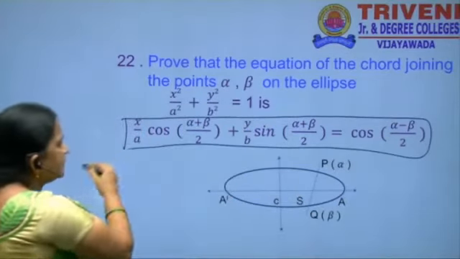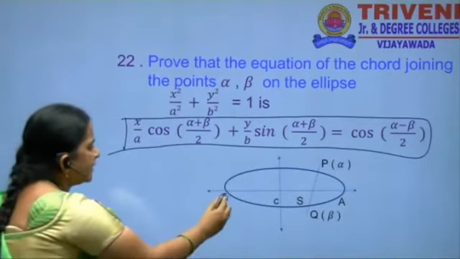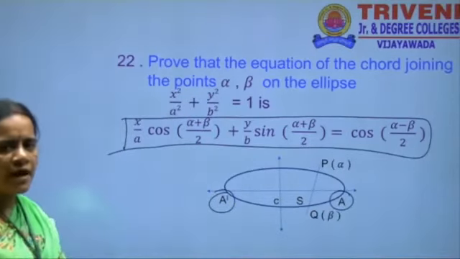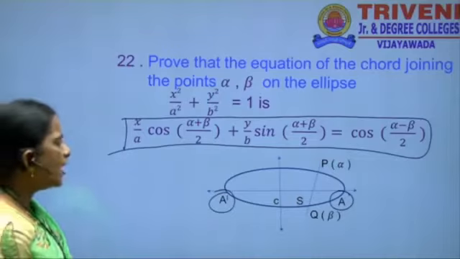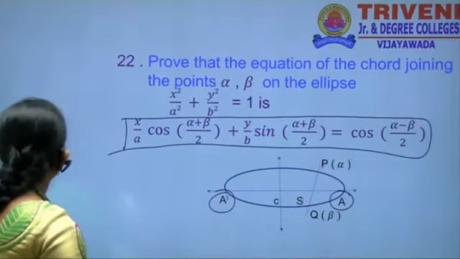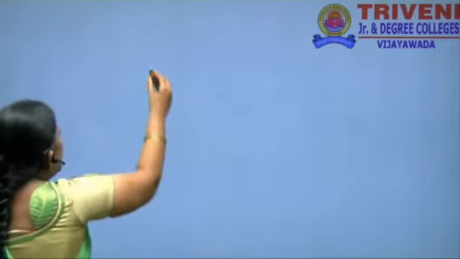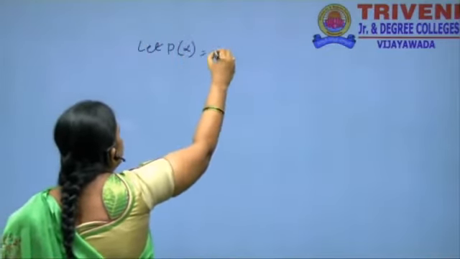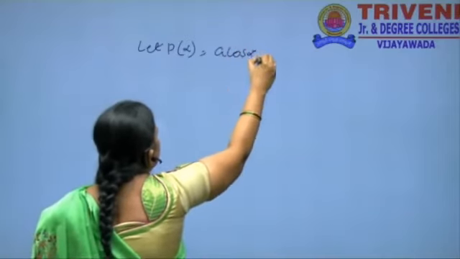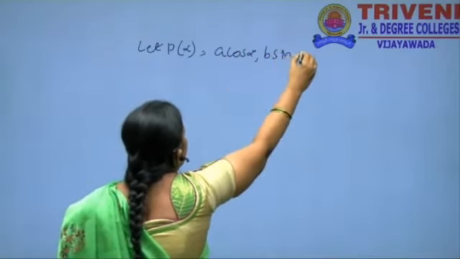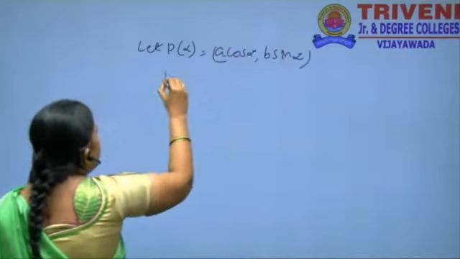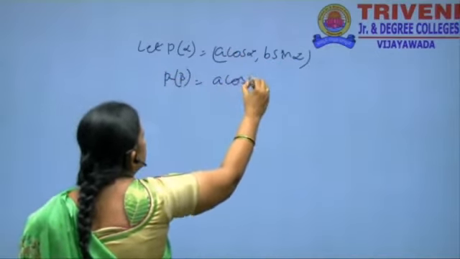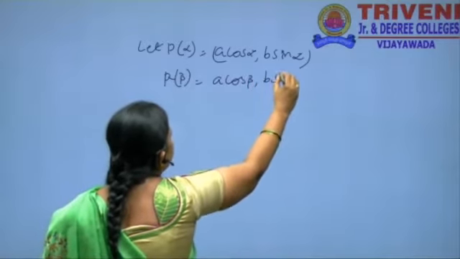Okay, in proving this one, we have to take A and A dash as the vertices. P alpha and Q beta are the points on the ellipse. Then let P alpha is A cos alpha, comma B sin alpha, and P beta is A cos beta, comma B sin beta.